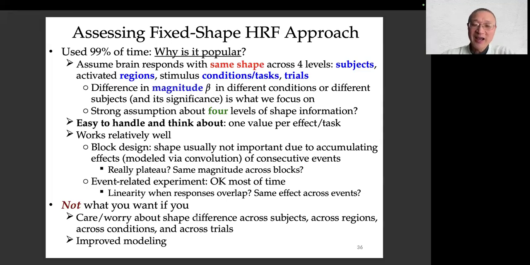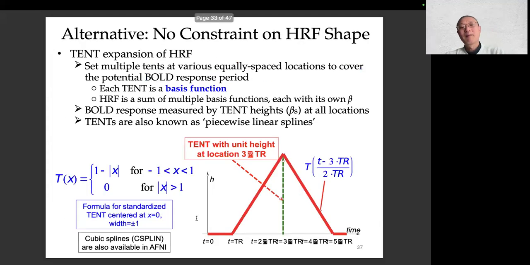So can we do better than that? The assumption is strong for probably most brain regions, and it ignores cross-task, cross-participant variability. So there's another approach. We take the other extreme, where we don't make an assumption about the hemodynamic response shape. Instead we use the data to help us decide what the shape looks like.